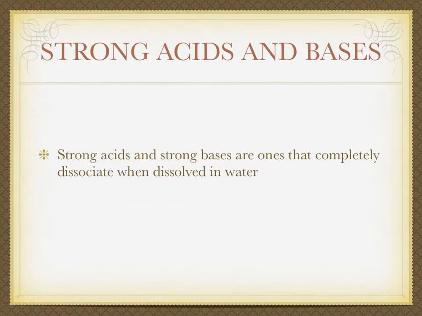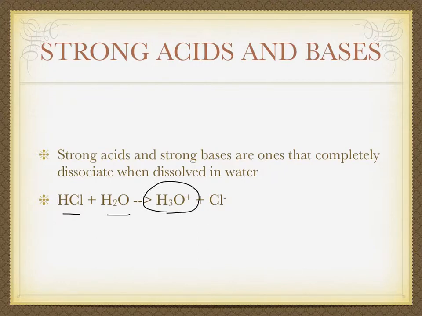All right, so first of all, strong acids and strong bases are ones that completely dissociate, or dissolve completely, when you put them in water. So if you look at this, we've got some hydrochloric acid, put it in water, you get all of these H3O pluses, and you get a Cl minus. A lot of times we just write H plus and Cl minus.